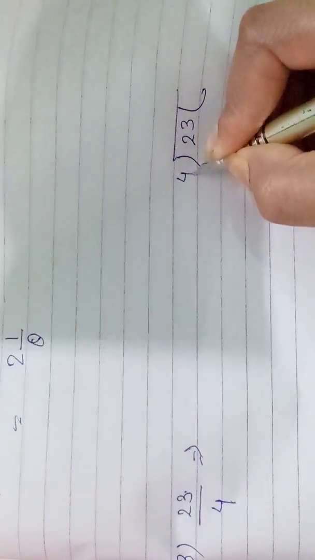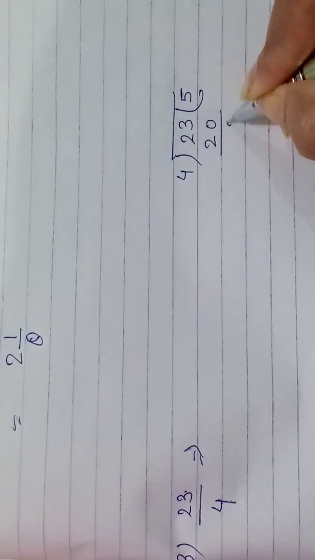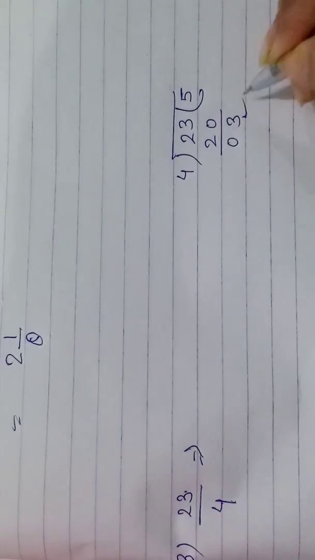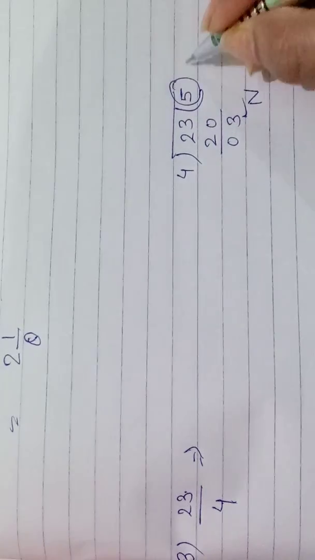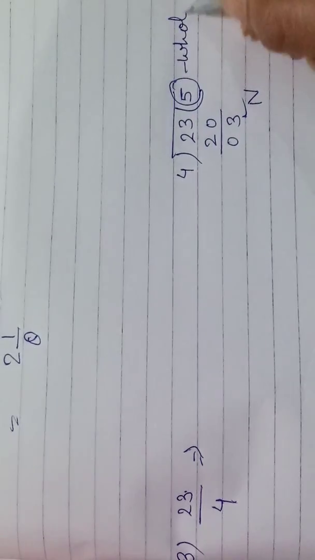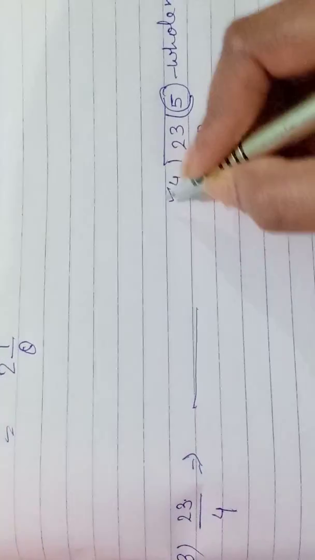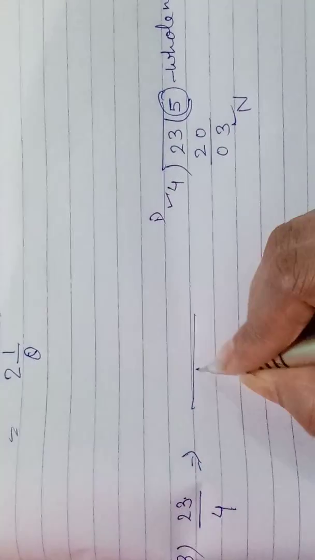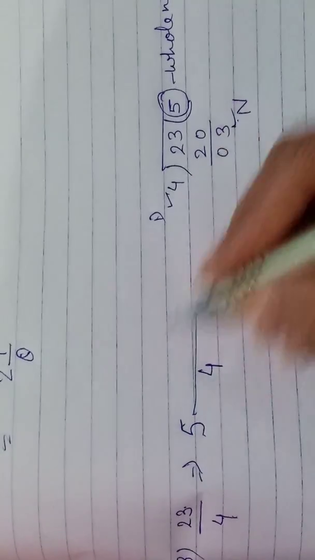So this is got by 4 5s are 20, and what we have got is 3. The 3 works as numerator, 5 works as whole number and 4 works as denominator. So the denominator we have written as it is, the whole number we have got is 5, and the numerator we have got is 3.